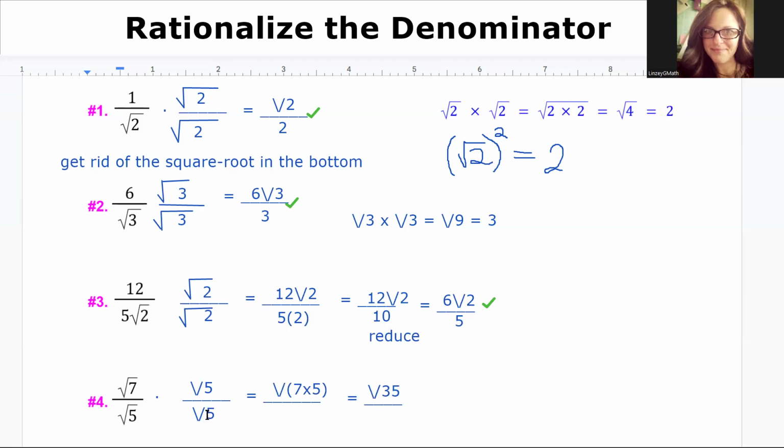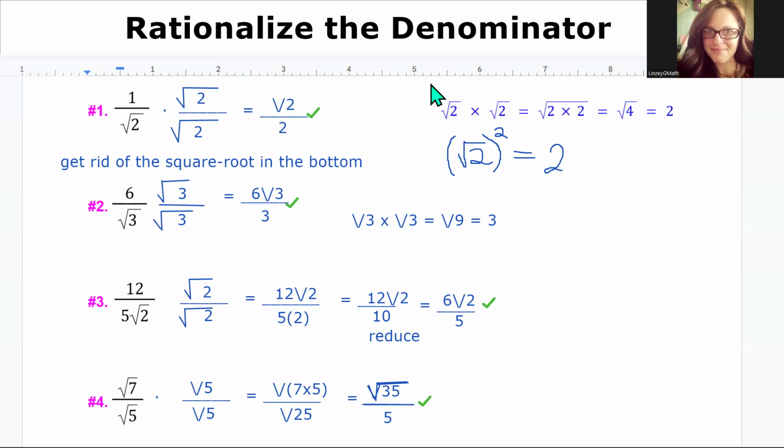On the bottom, square root of 5 times square root of 5 is the square root of 25, which is 5. Now, we cannot reduce. The square root of 35 is trapped under the square root. So you cannot reduce. That is our final answer.